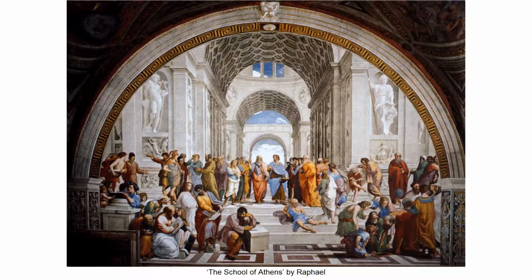So we'll look at one more. This is the School of Athens by Raphael, not the Ninja Turtle, but the Italian master that the Ninja Turtle was named after. Raphael used perspective to draw your eye to the center of the painting, and most importantly, to the two people he is highlighting, Plato and Aristotle, because they were considered the fathers of the School of Athens.